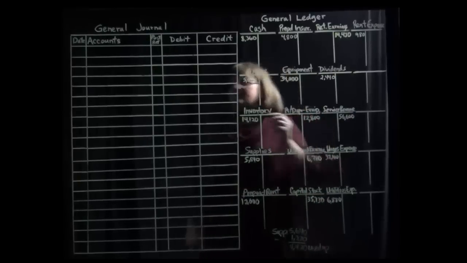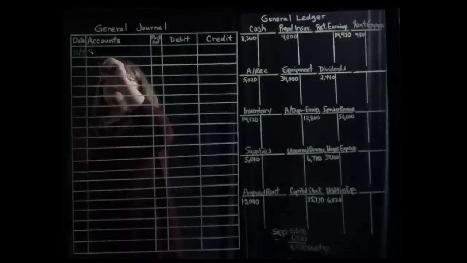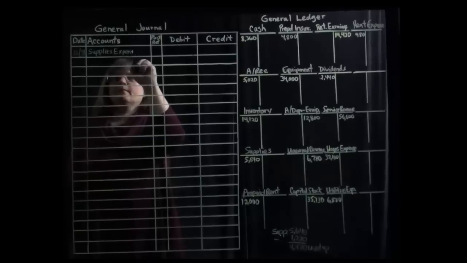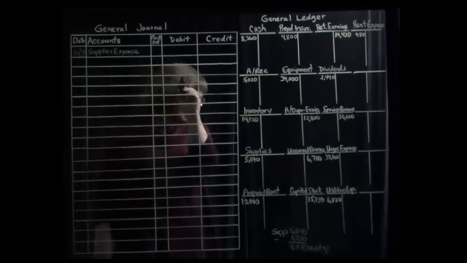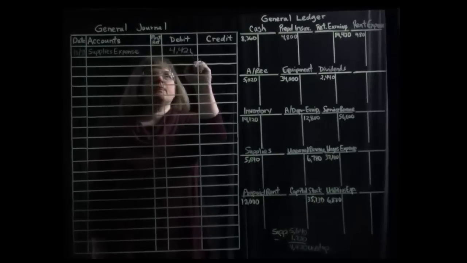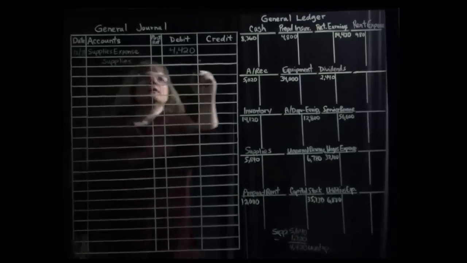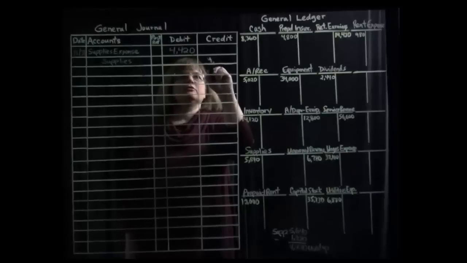So our first adjusting journal entry on December 31st is going to be to debit an account called supplies expense for the $4,420, and we're going to credit supplies the asset for that same amount.